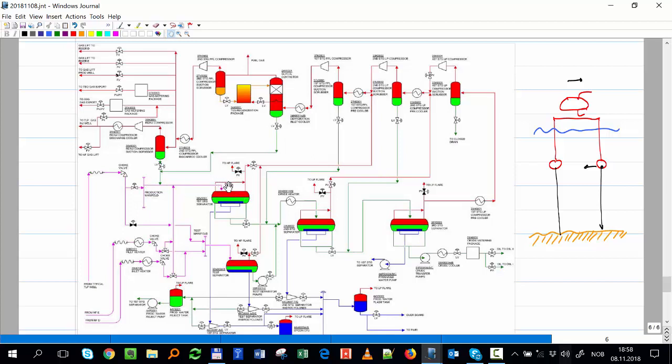But if you see, I have to test this well somehow. So you see that you have another separator, which is smaller, that is the test separator, and it's in parallel to the high pressure separator. So I can decide depending on which valve is open and closed. Do you know the meaning of the color?